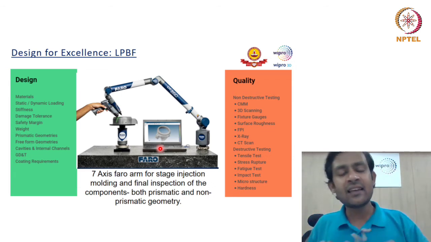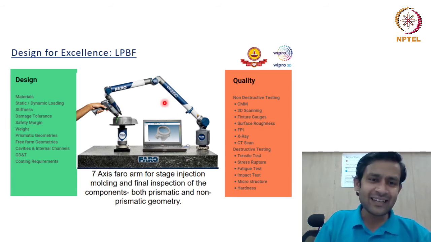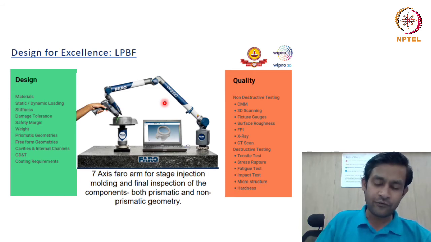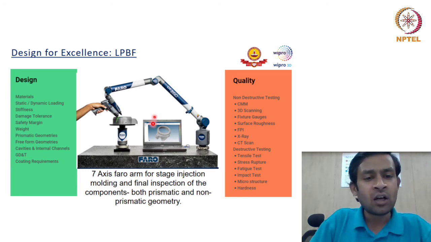So what you see in the image right now is a Faro arm which is integrated with a probing unit as well as a red light laser unit. Now what this laser unit does, that for freeform surfaces it replicates the surface and creates cloud point data on the screen of the connected computer.